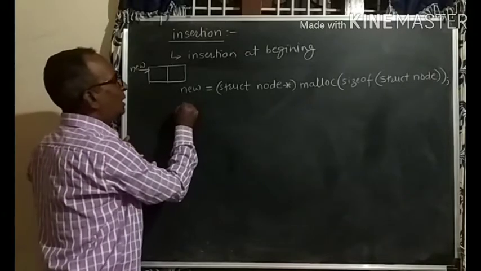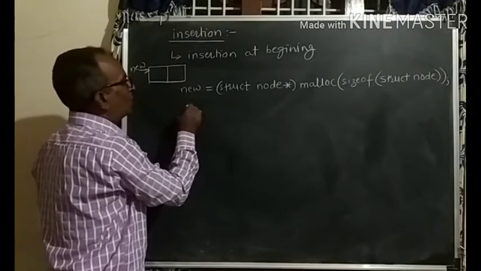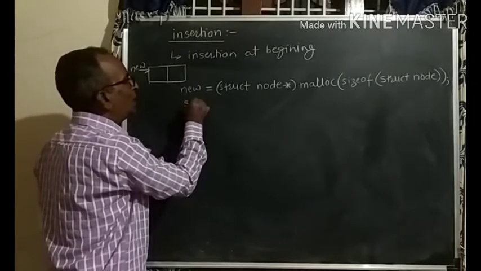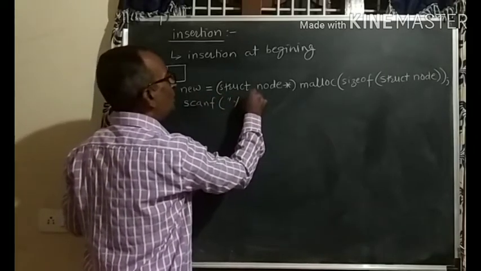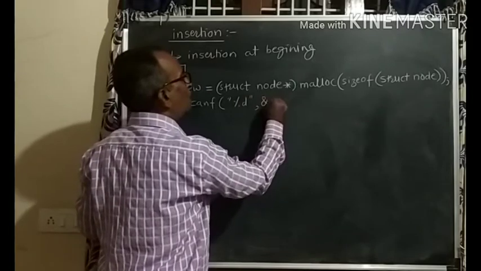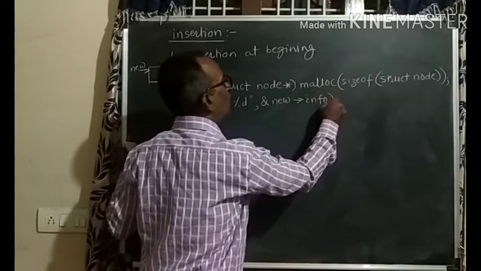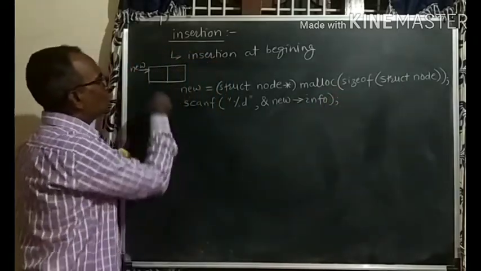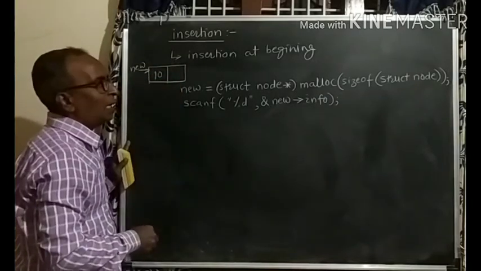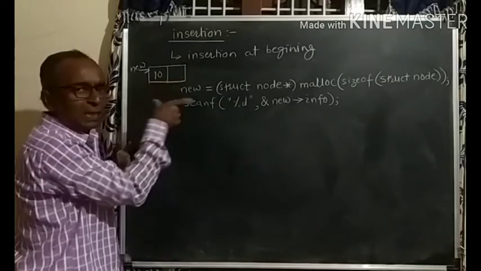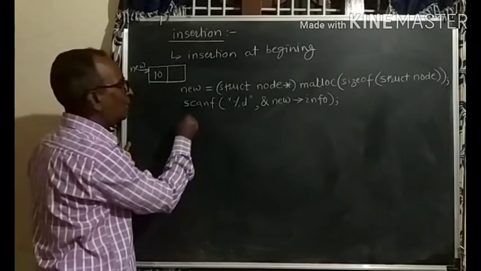Then set information field of new. Suppose I read this information from user, integer field, using ampersand new info. Suppose you have entered 10, so 10 will be here. Now see, this node I have to attach somewhere. Now we are seeing insertion at beginning. What is the special case in that?